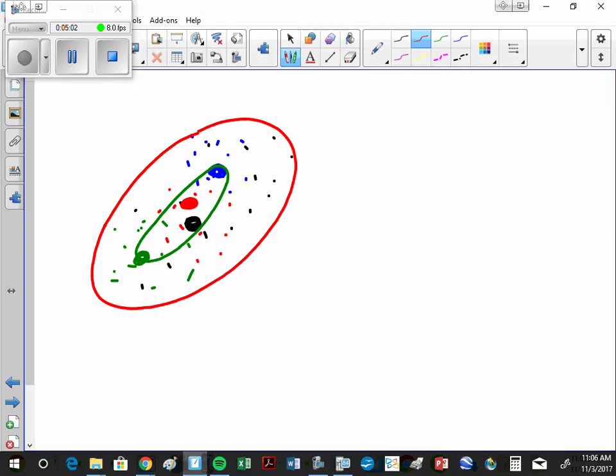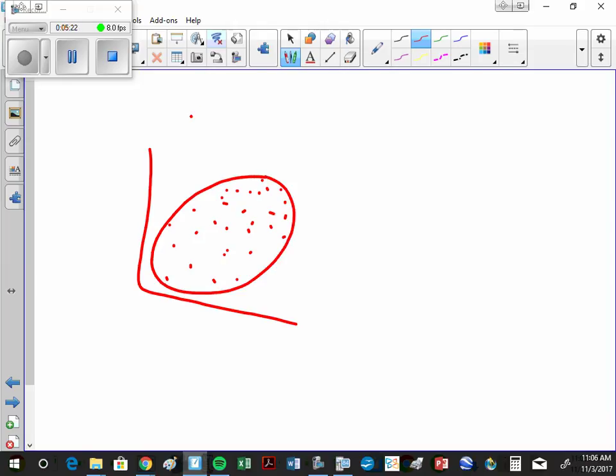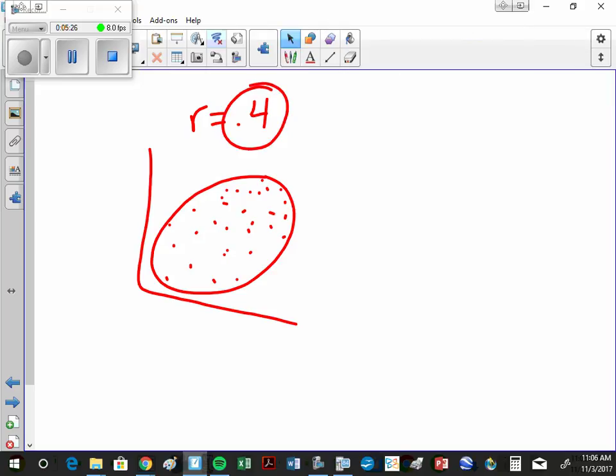So the regression line has a positive slope. We don't know what the slope is. So we have a scatter plot, and we know it's not very correlated like that. But even though this has an R of 0.4, the fact that it is positive tells me that the regression line is positive.